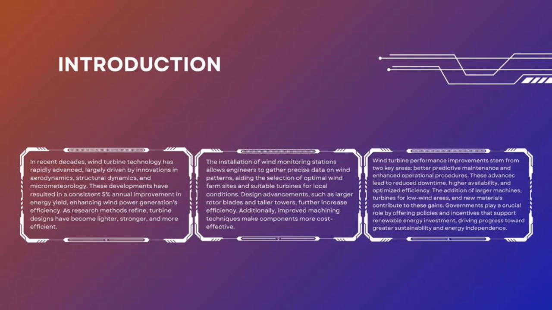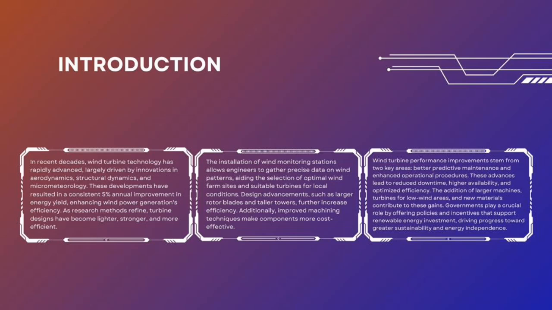Design advancements such as larger rotor blades and taller towers further increase efficiency. Additionally, improved machining techniques make components more cost-effective. Wind turbine performance improvements stem from two key areas: better predictive maintenance and enhanced operational procedures.